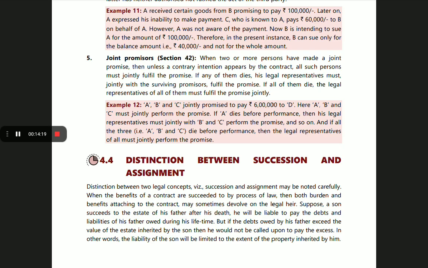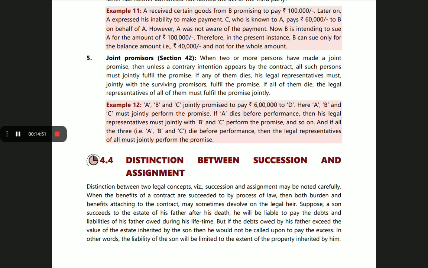Example: A, B and C jointly promised to pay 6 lakh rupees to D. Here A, B and C must jointly perform the promise. If A dies before performance, then his legal representatives must jointly with B and C perform the promise, and so on.